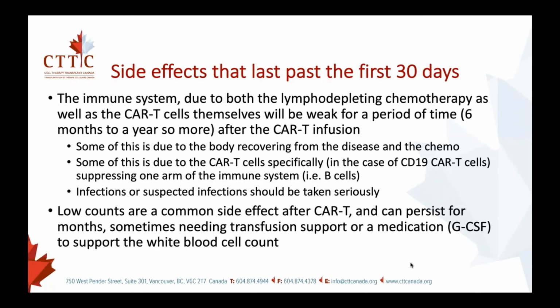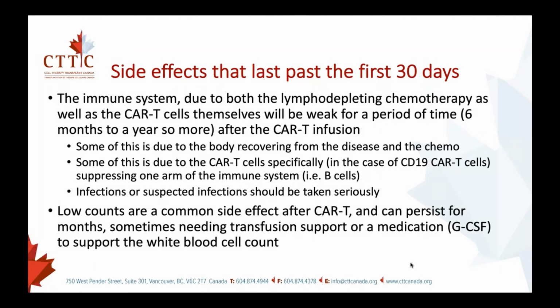Now, part of this is also due to the fact that they're recovering from the disease, which is often very immunosuppressive. These lymphomas and leukemias are very immunosuppressive, and also all the chemo they've previously received. But we also think that some of this is due to the CAR T cells themselves specifically. So the best example here is the CD19 CAR T cells, which are the most advanced.